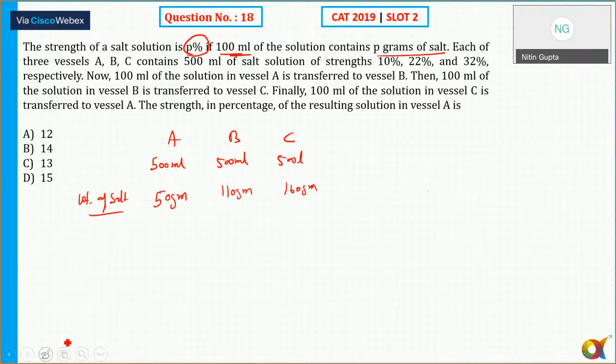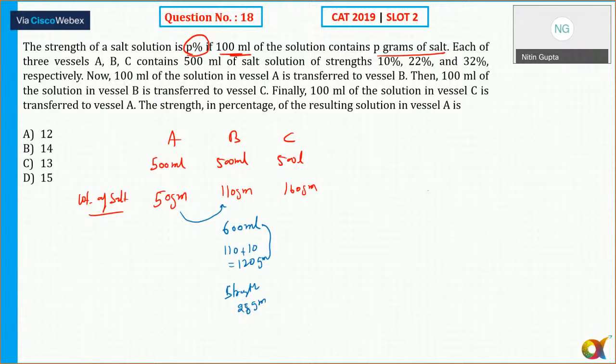Now, what happens now? 100 ml of the solution in vessel A is transferred to vessel B. So the total volume will be 600 ml, and the weight in it will be 110 plus 10, because A's strength is 10%. That is 120. So in 600 ml, in 100 ml the strength of it will be equal to how much? 120 by 6, that comes out to be equal to 20 gram per 100 ml.